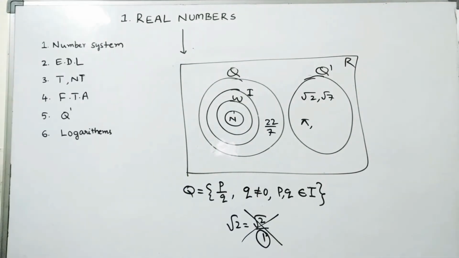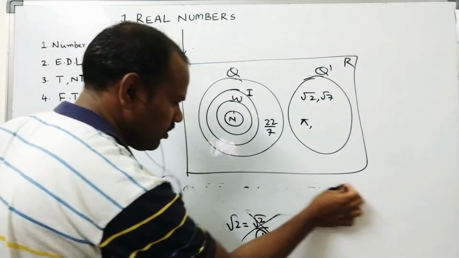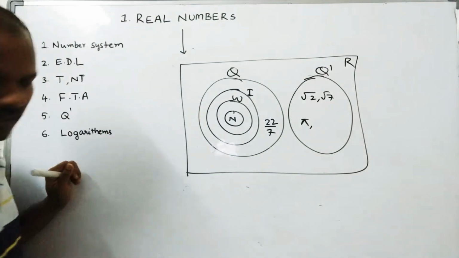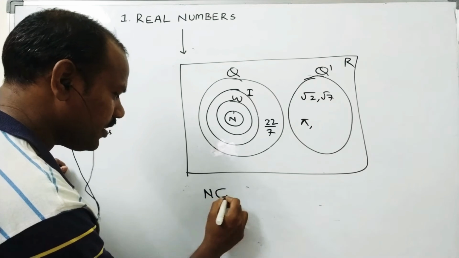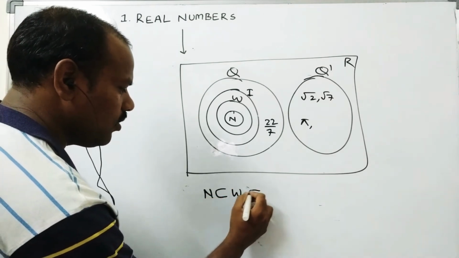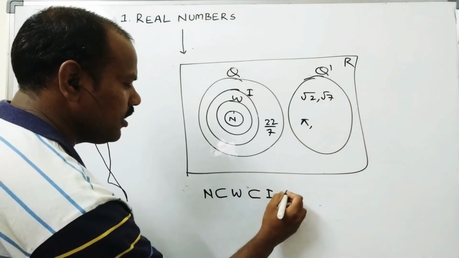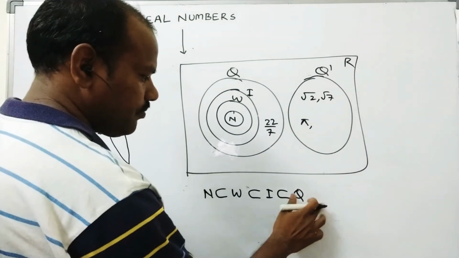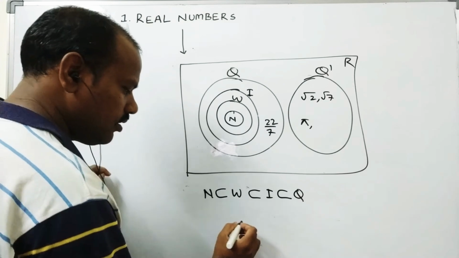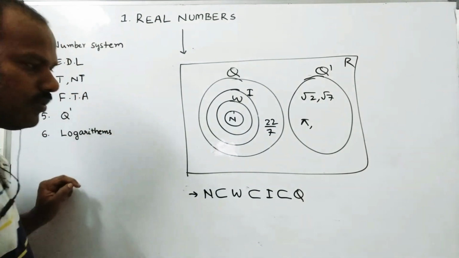Okay, now let us make a relation between rational and other number systems. Natural numbers are a subset of whole numbers, whole numbers are a subset of integers, and integers are a subset of Q. So that is one relation you can make.